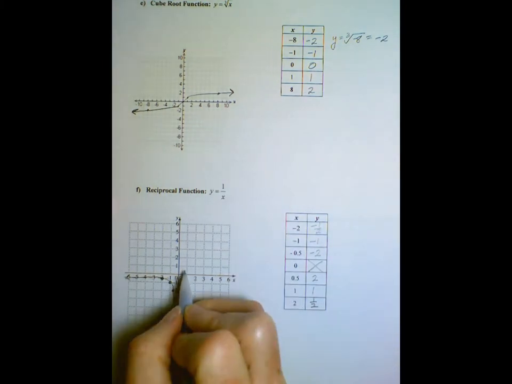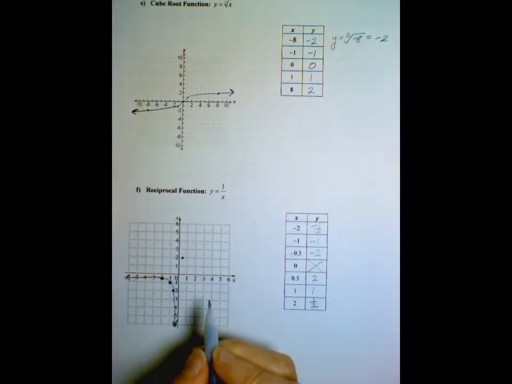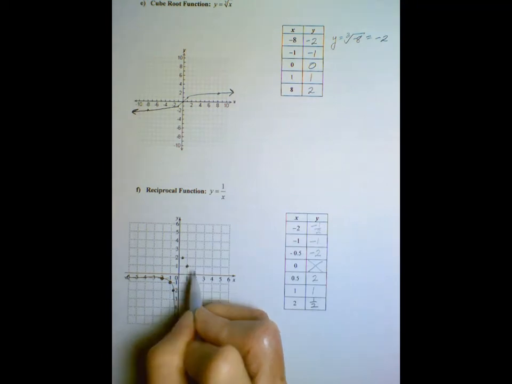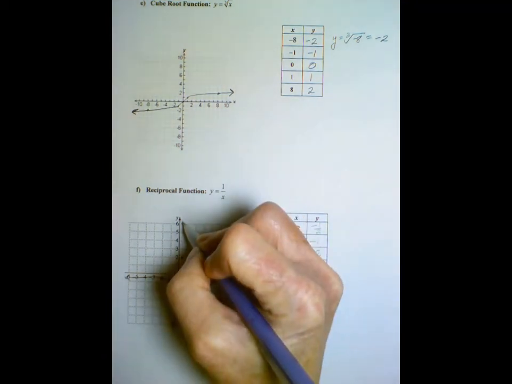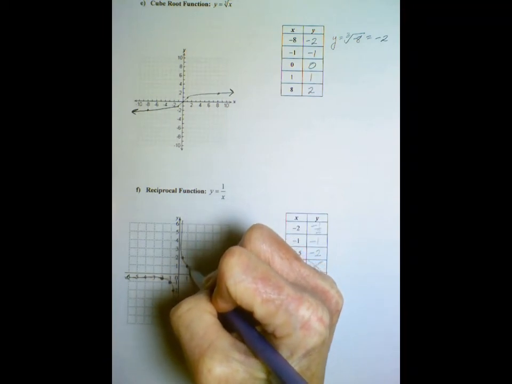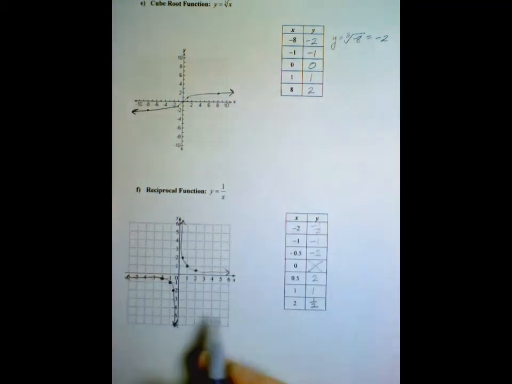What happens here? At a half, we're up here at 2. At 1, we're at 1. And at 2, we're at a half. So we have a second piece here. So this graph is actually in 2 pieces, and x can never be 0. That's our reciprocal.